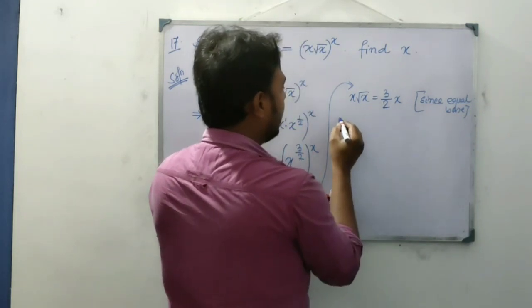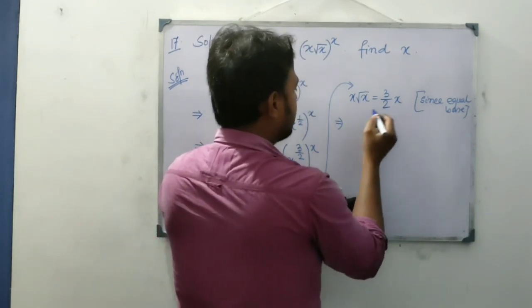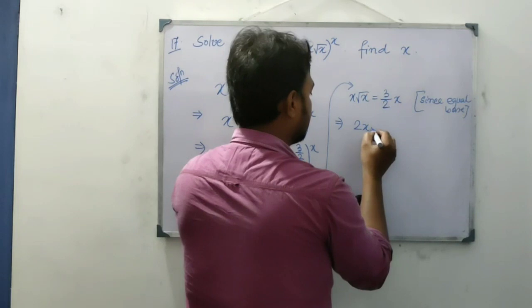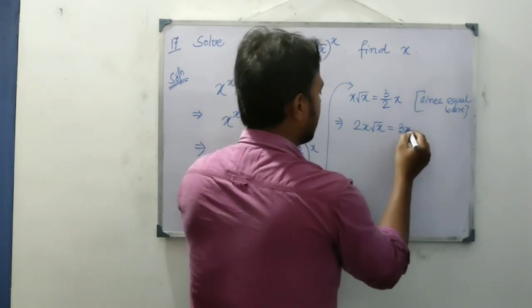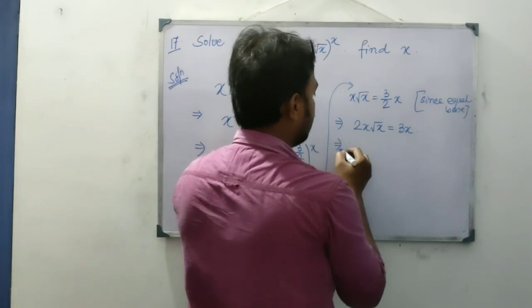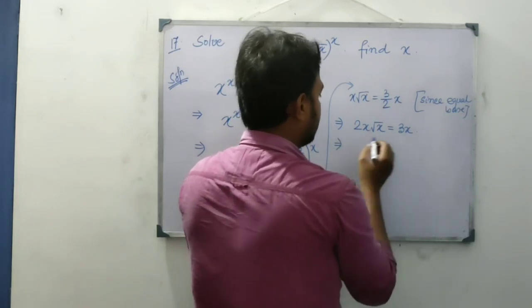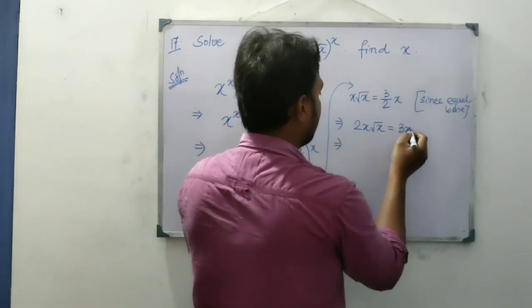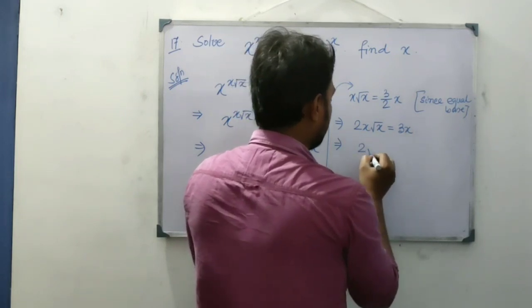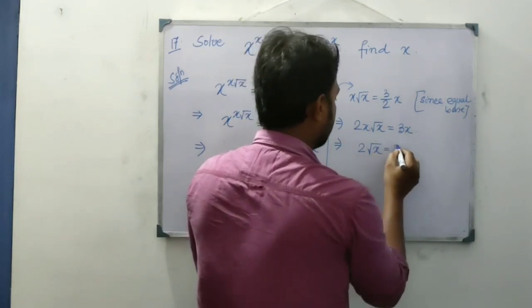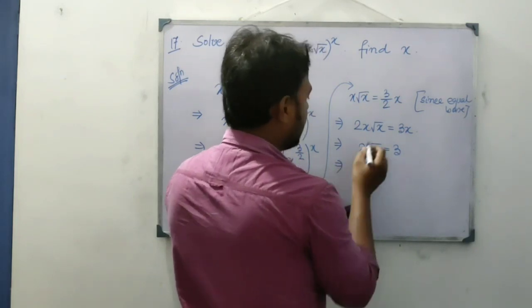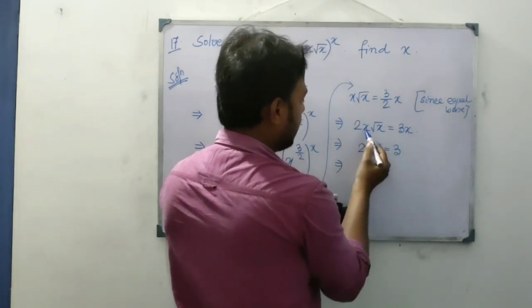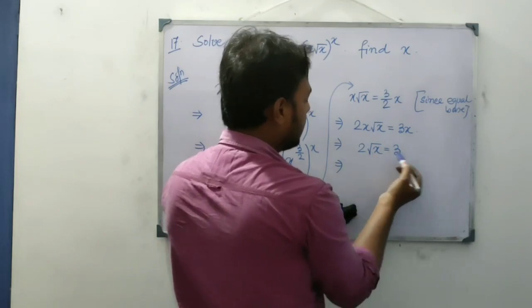Now it's very easy. Cross multiplication, then 2x root over x equals to 3x, implies that you can cancel out x from both sides, then 2 root over x will be equals to 3. Just cancel x from both sides, then in this side will be 2 root over x equals to 3.